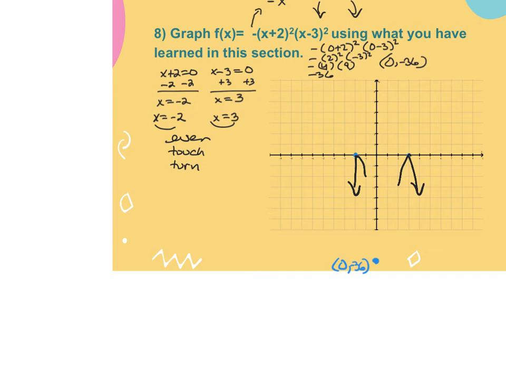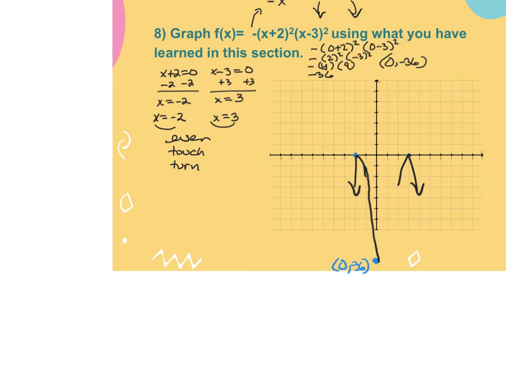So again, we can plug in additional points to see where it's hitting. So like this one, I could probably bring it down so it touches here, but let me plug in, say, +2 to see where another point is over here. So I got to actually plug it in because it's factored.